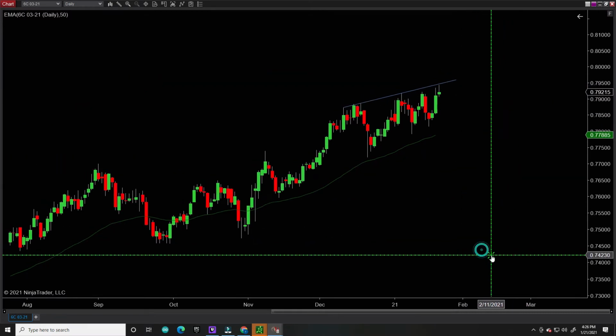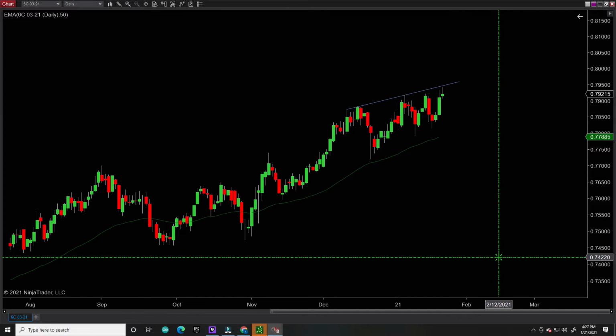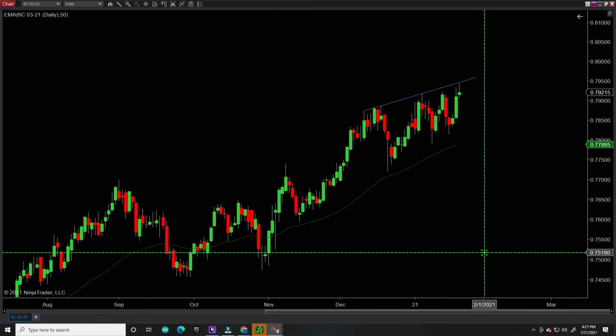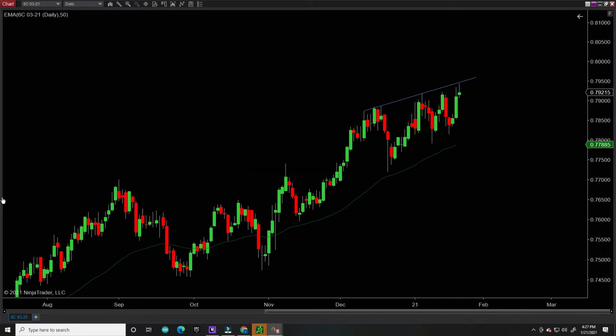These trades that I take in currencies are swing trades. I suspect if I don't get stopped out that this trade will go into next week, and I'll go into the details of why I took the trade.